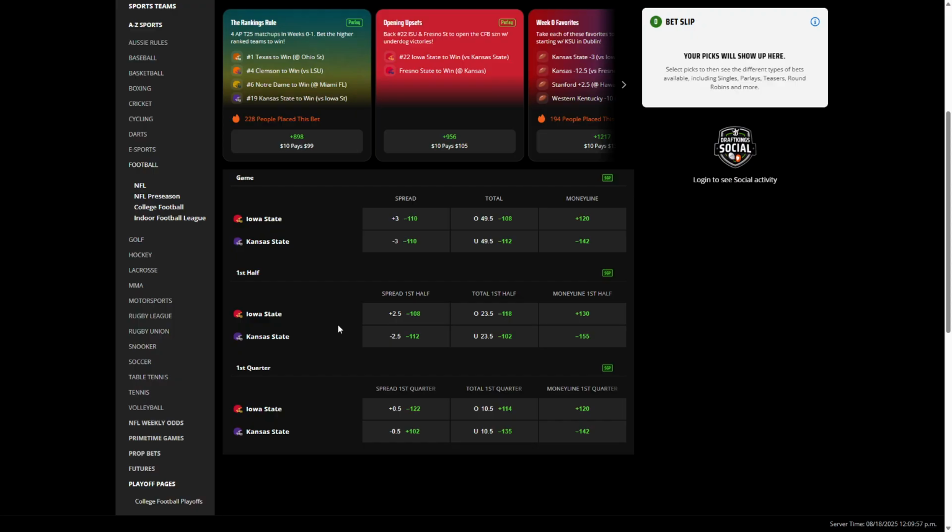So when we're talking about past years, if we think both of these teams are going to have somewhat similar looks to last year, and I'm not saying the rosters are similar, I understand there's changes on both sides, but we're talking about those key positions. Last year at home, Iowa State was able to get the nod and win by 8. They were 2.5 point favorites. This time we are getting the points.